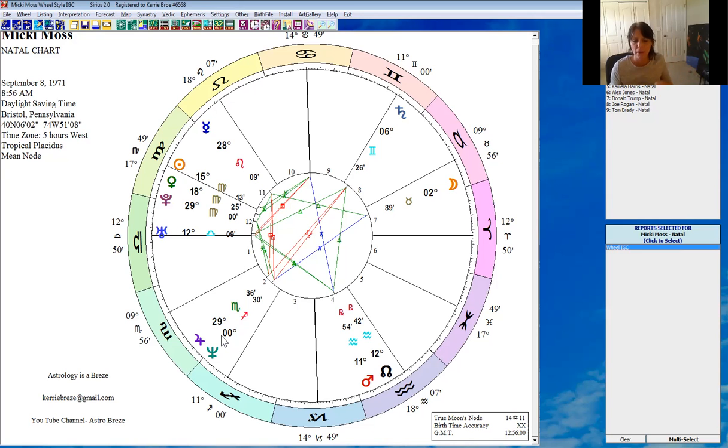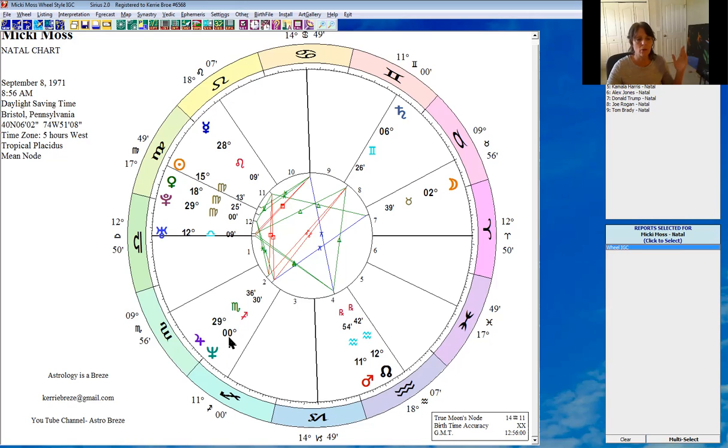Yeah, there are clusters of degrees with spaces between them, and when they're together, they're similar. So whenever anything hits 0 degrees, no matter what, it's going to do something to your Neptune. If it's 0 degrees Sagittarius, it's going to conjunct your Neptune.